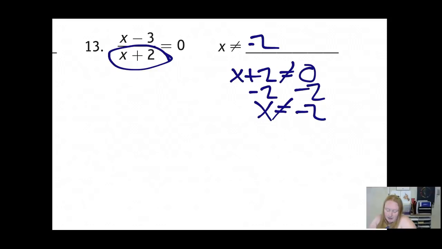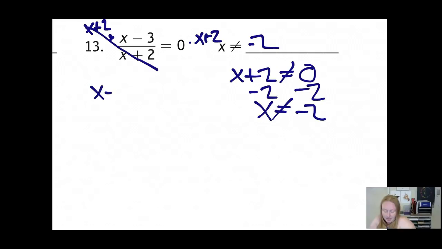So now I'm looking to multiply both sides by x plus 2 because I want to get that fraction gone. It's super scary when it has a variable in it, but a fraction in general we just don't like. So we're crossing this out. I get x minus 3 equals 0, times anything still makes 0.